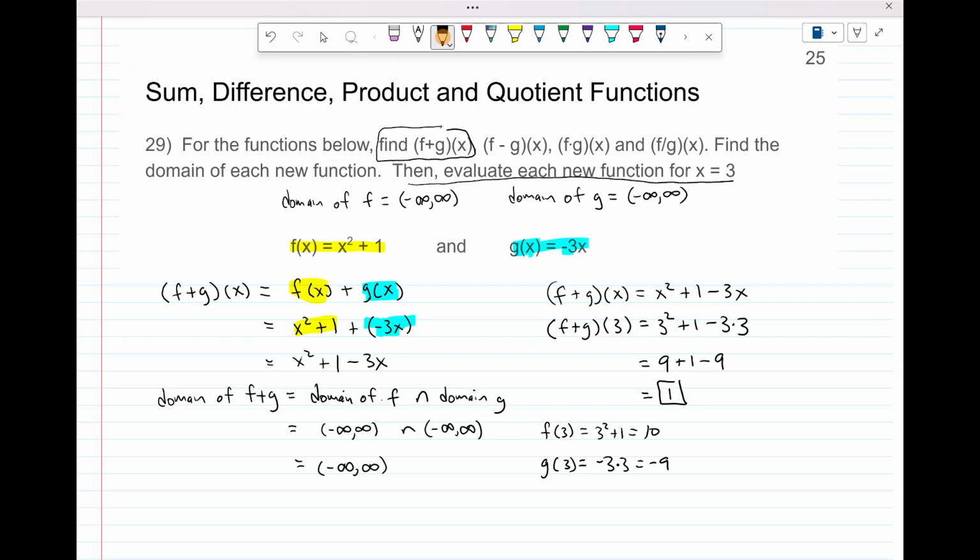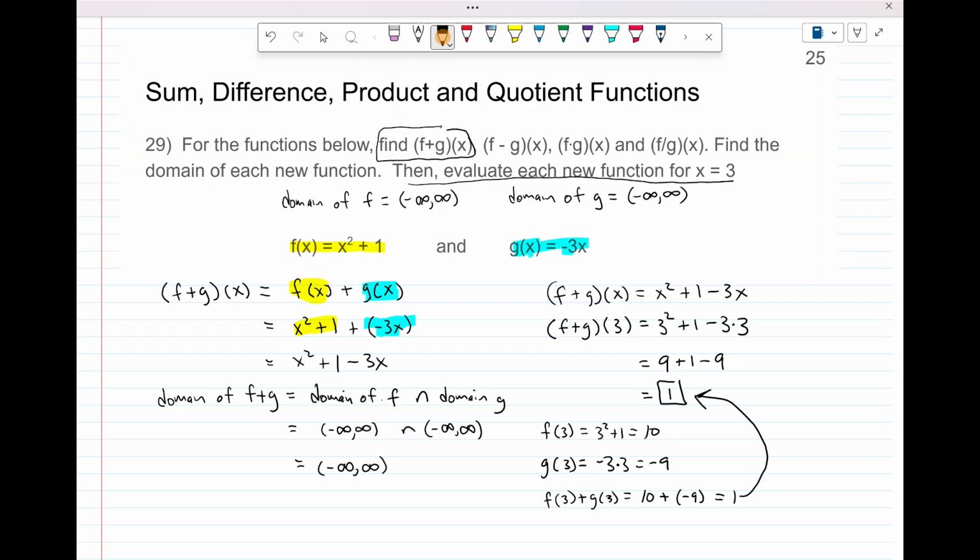And notice that f of 3 plus g of 3 is equal to 10 plus negative 9, which would be equal to 1, which is the exact answer we got here.